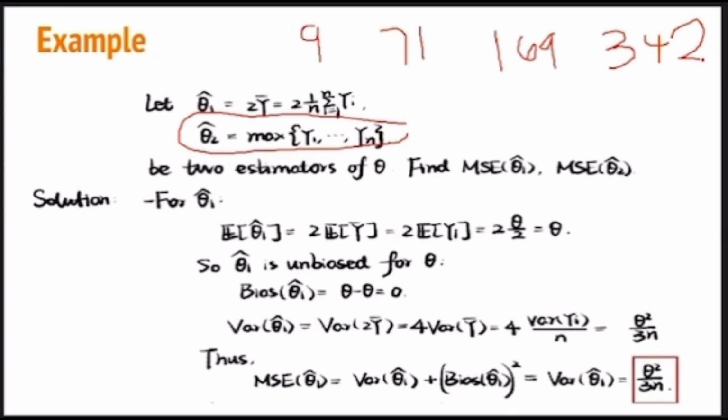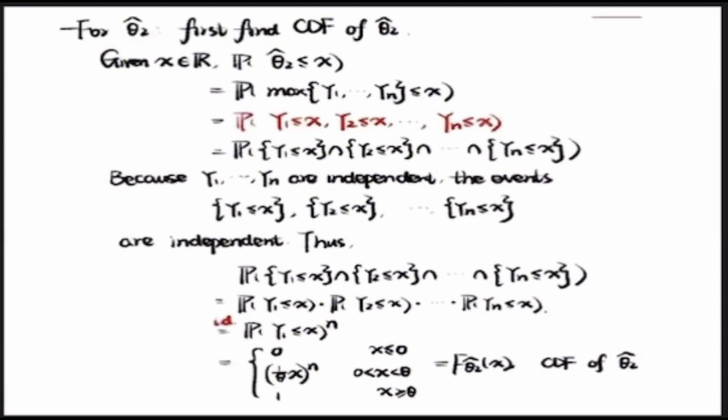So that when I have the distribution for the maximum, I will be able to use that distribution to figure out the mean of the maximum, the variance of the maximum. Does that make sense to you? Now, it is that same idea that I want to use here.